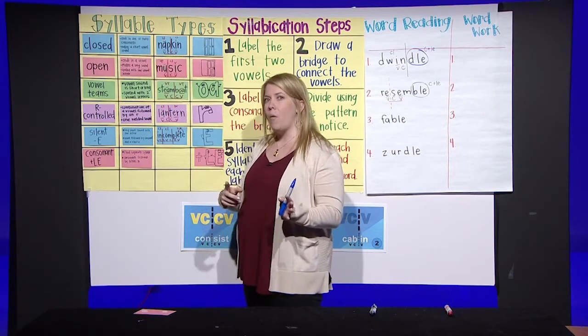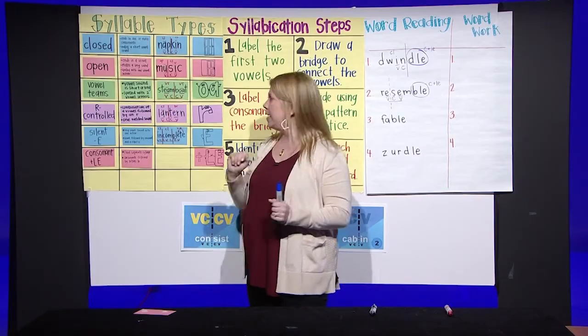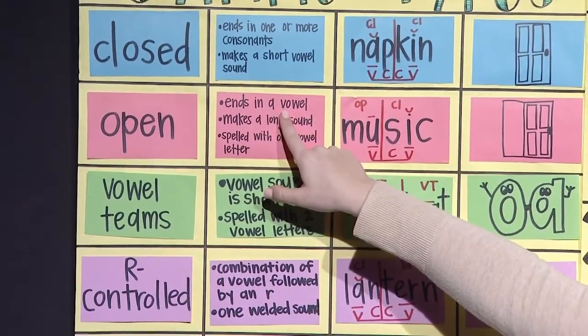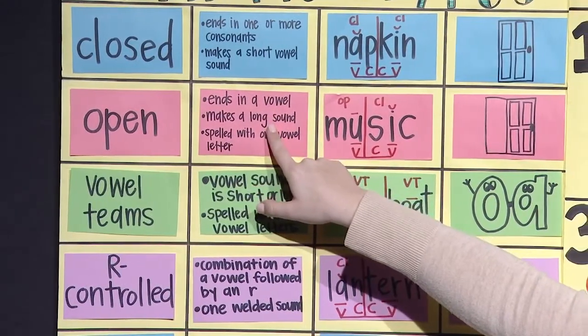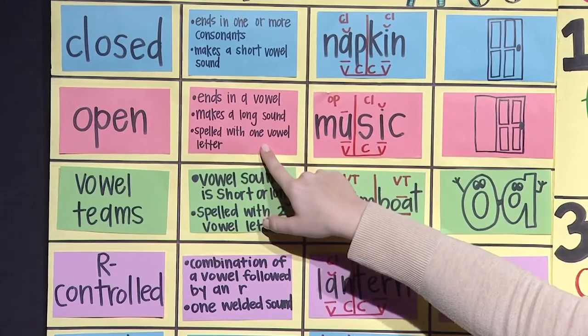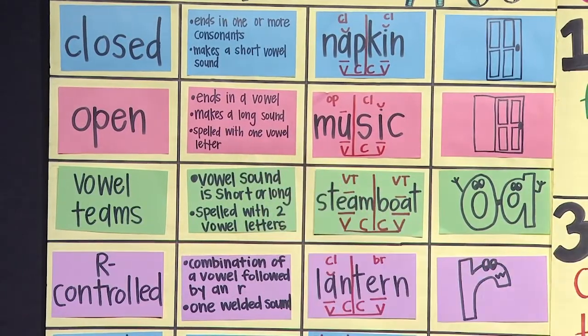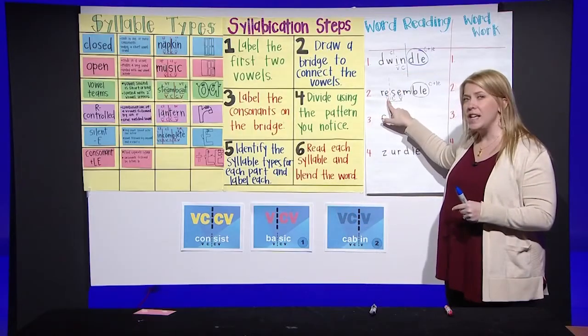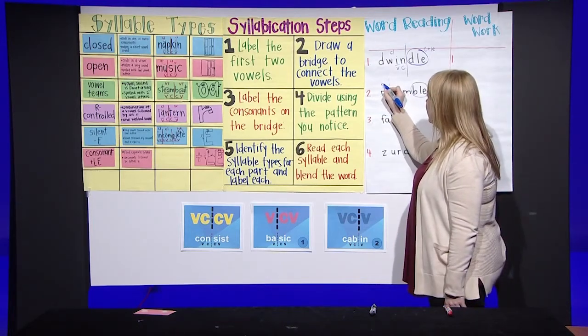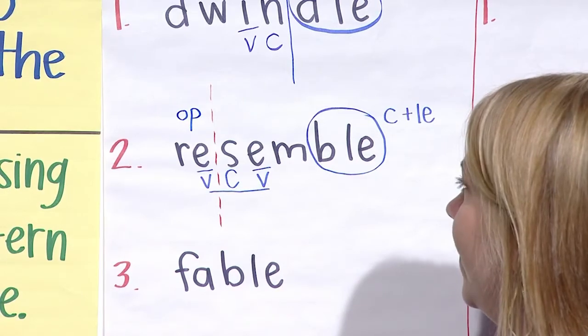That's right, a vowel, and it's spelled with just 1 E. So let's keep going. Open syllables end in a vowel, okay? They make a long sound, okay? And they're spelled with 1 vowel letter. So I think this part of our word is an open syllable. Very good. Let's put OP up there.